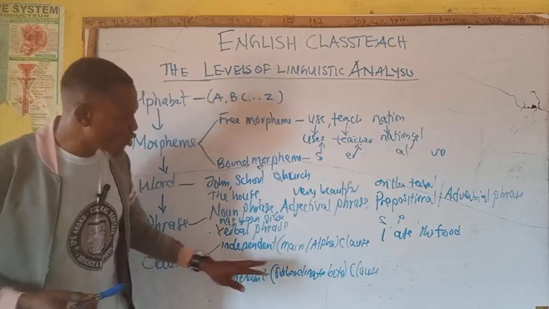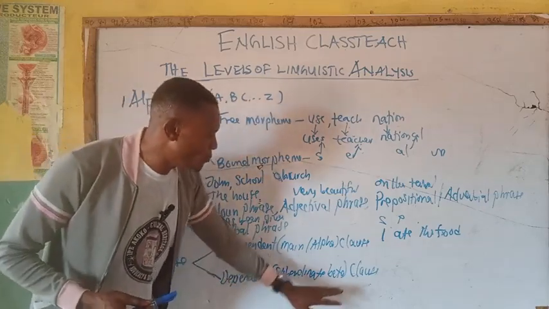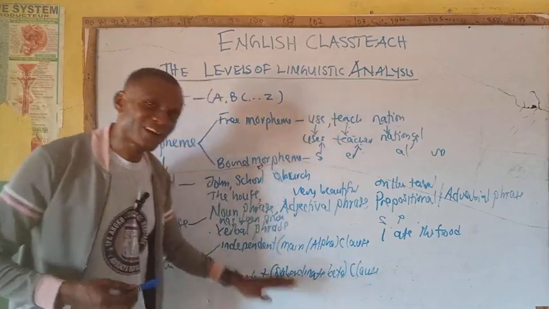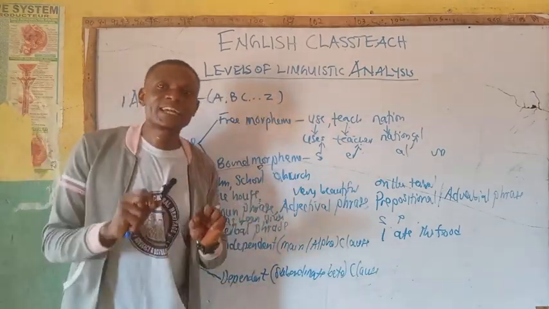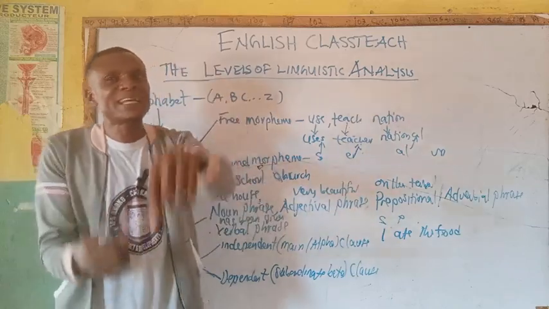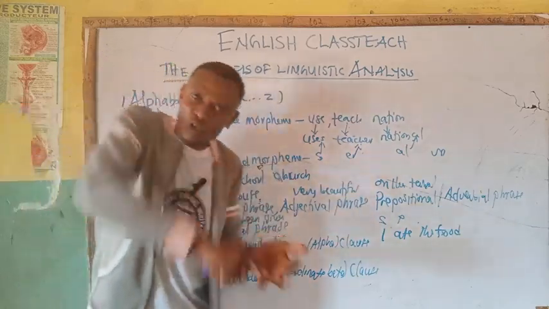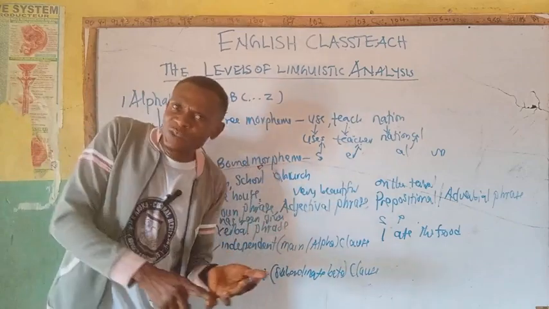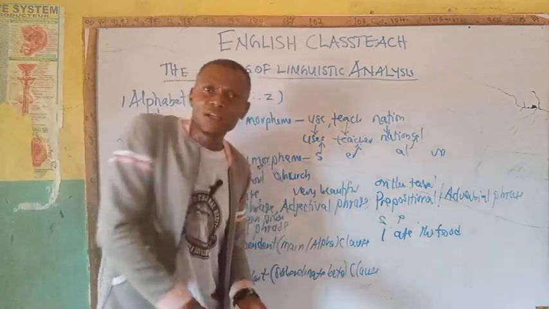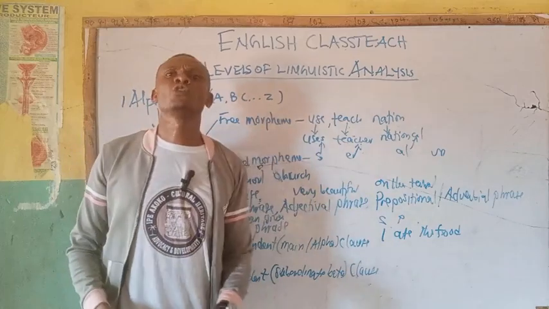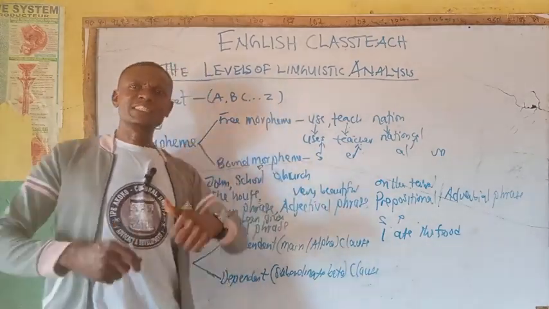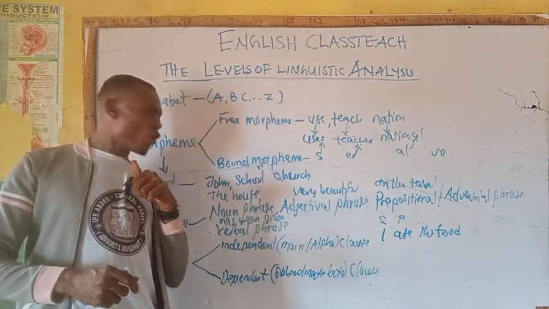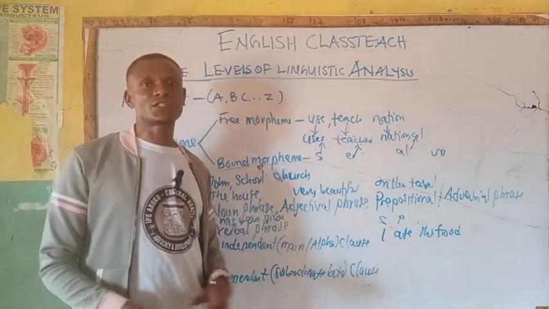Then dependent or subordinate or beta clauses are clauses that cannot stand on their own, despite sometimes having a subject and predicate, but they depend on the main clause.